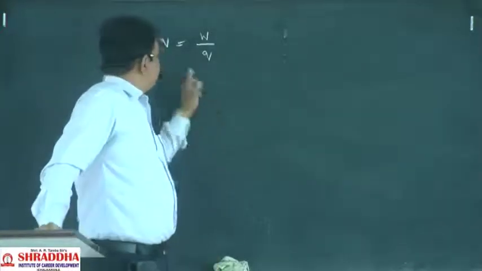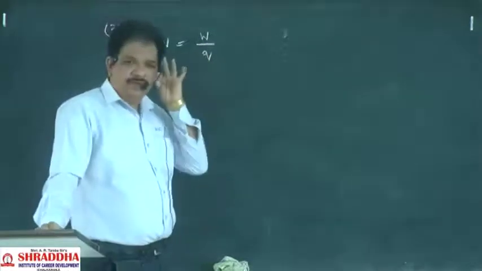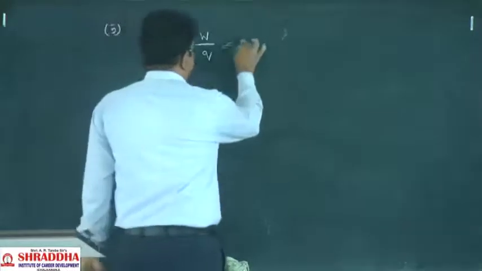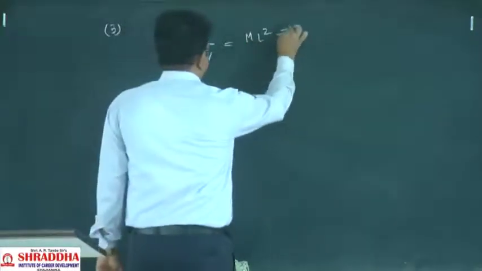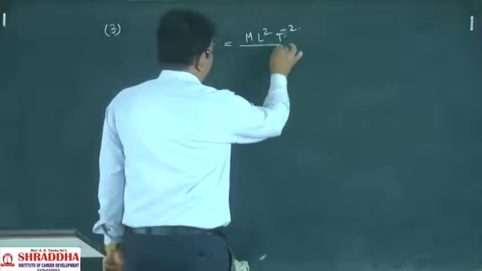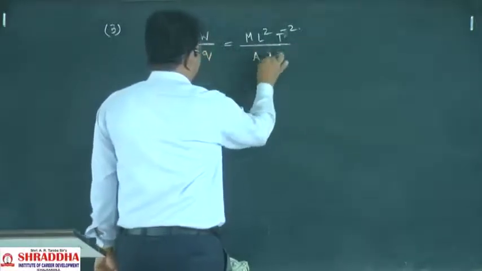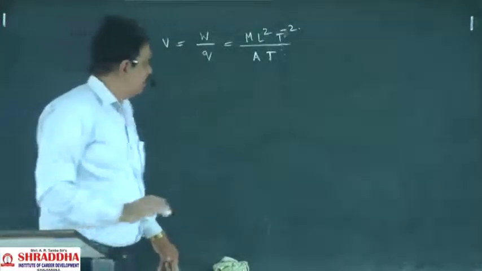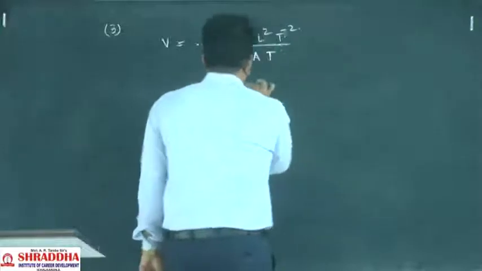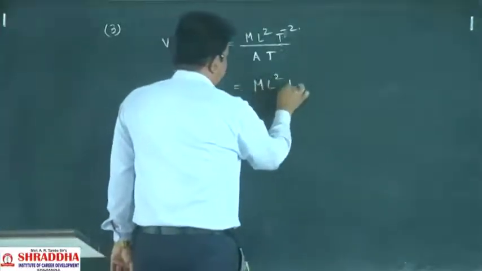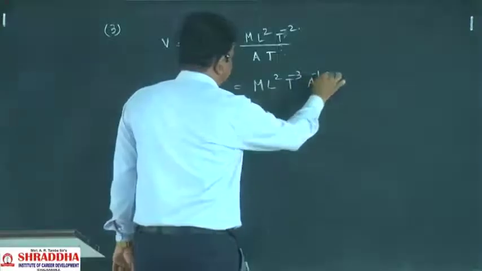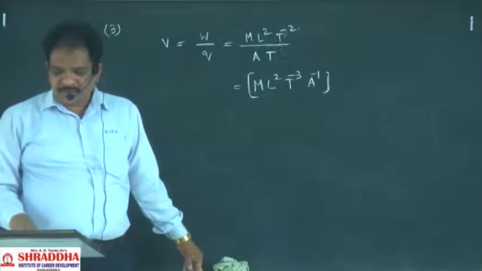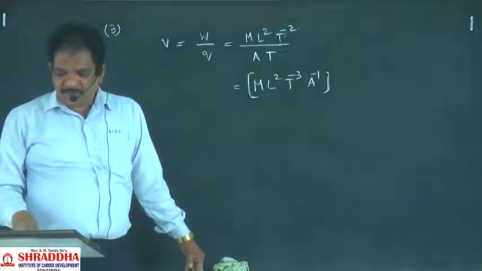Electric potential formula V is equal to W by Q. W value will be equal to ml square T power minus 2. Q value will be equal to AT. So this value ml square T power minus 3 A power minus 1. That is the dimensional formula for that.